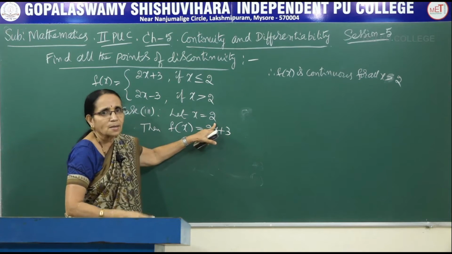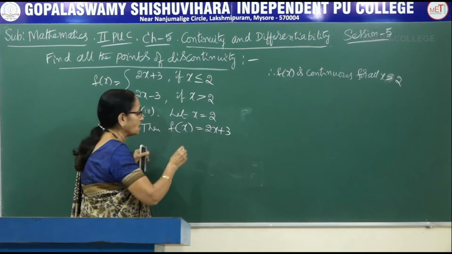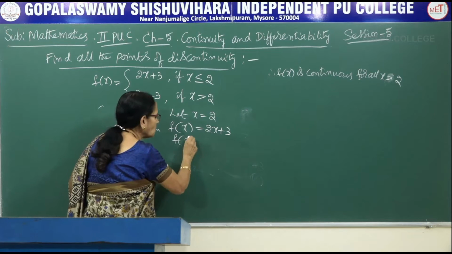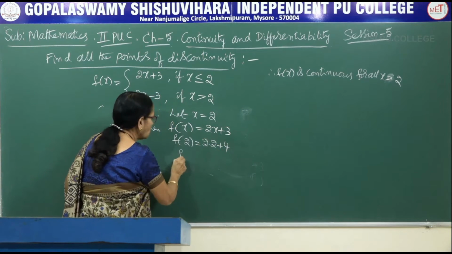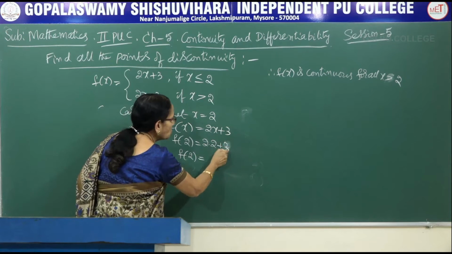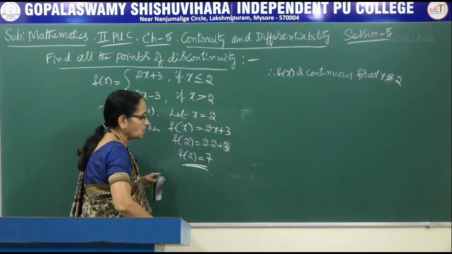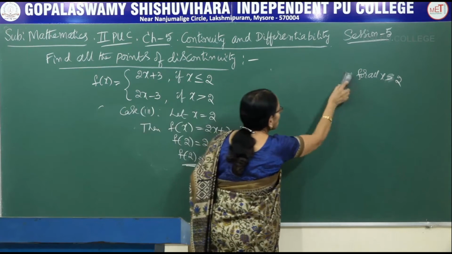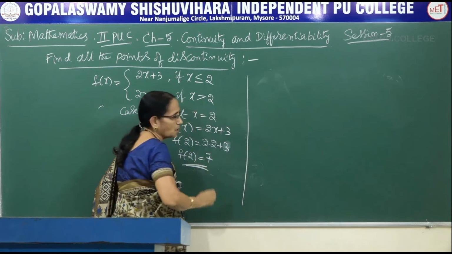But we are calculating the value exactly at x equal to 2, so no question of taking c here. f of 2 would be 2 into 2 plus 3, 2 2s are 4 plus 3, 7. Therefore, at exactly 2, the value of the function is 7.